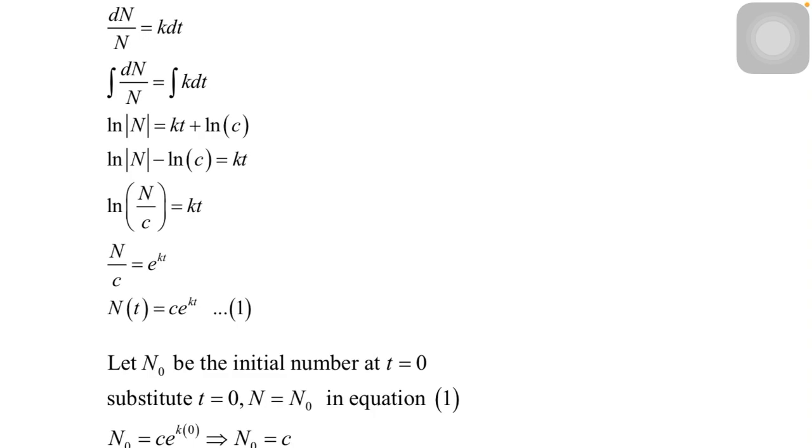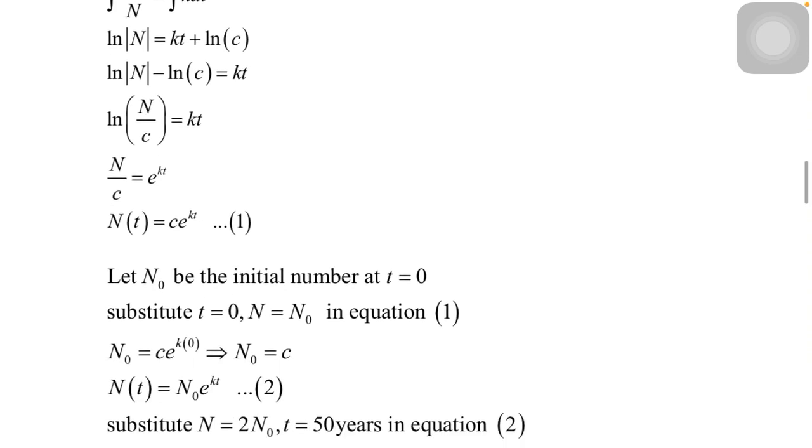According to the definition, log m minus log n can be written as log of m by n. That is, log n minus log c can be written as log n by c is equal to kt. So by definition we write n by c is equal to e power kt.